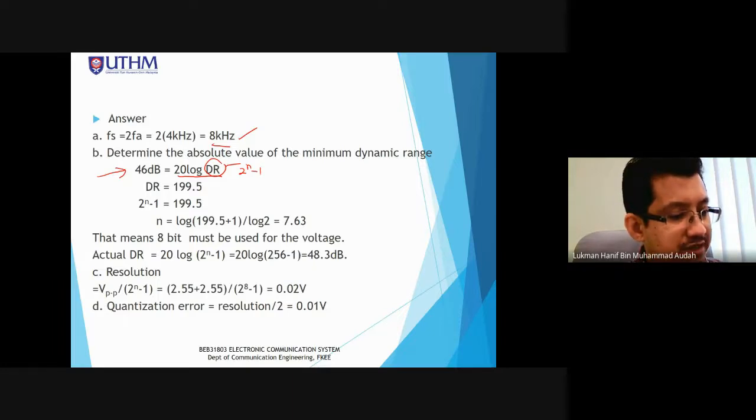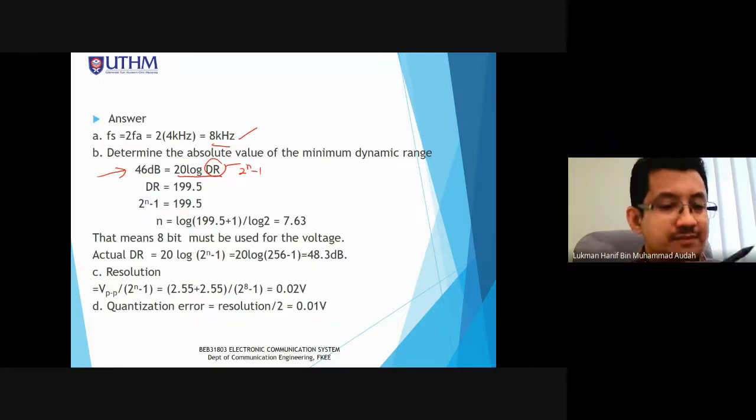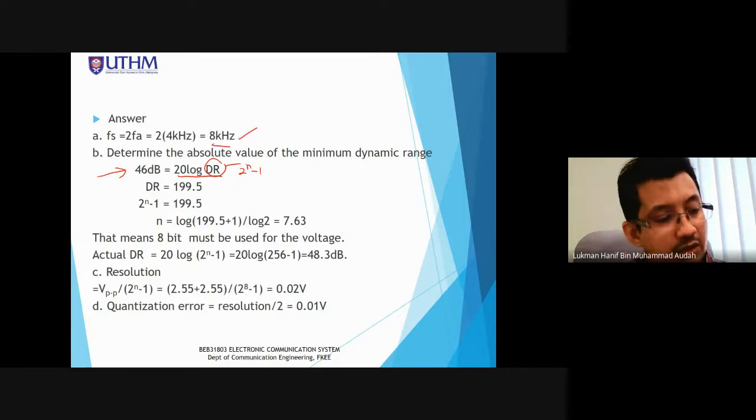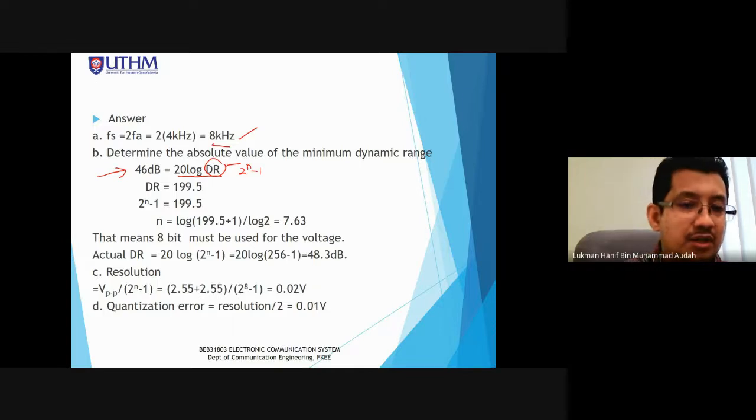Anti-log of 2.3, you get 199.526. Ini cuba buat guna calculator kelas. 46 bahagi 20, 2.3. Anti-log of 2.3, you get 199.526. So dia jadi seperti inilah.